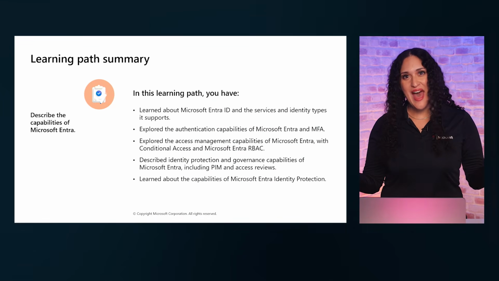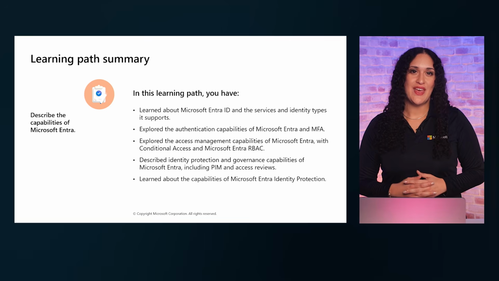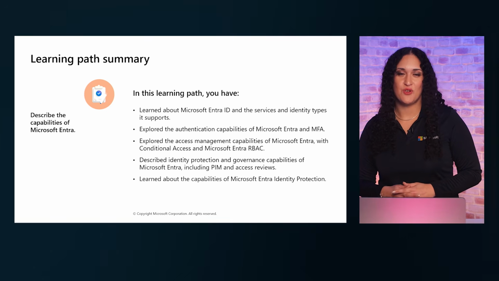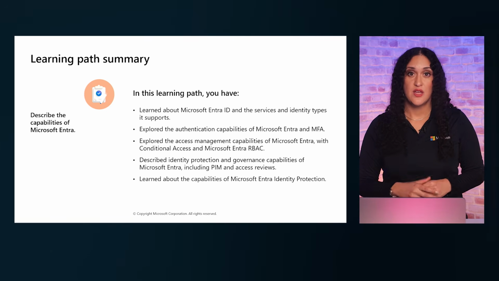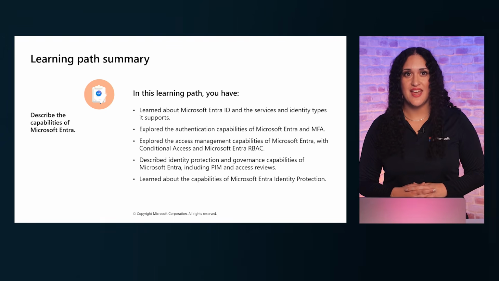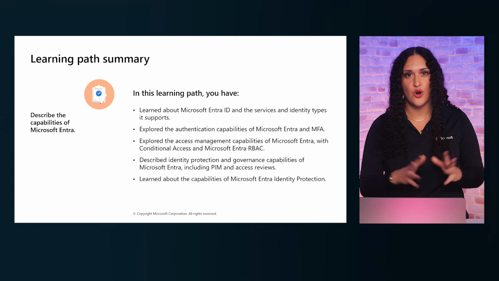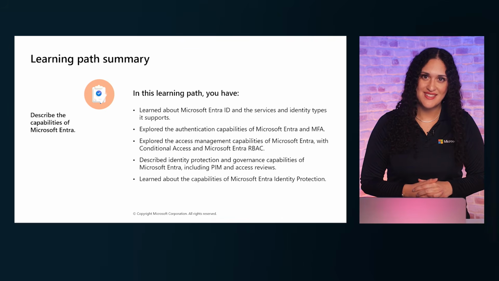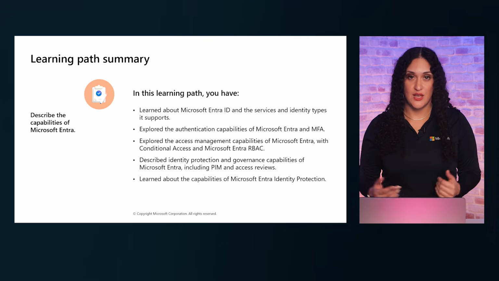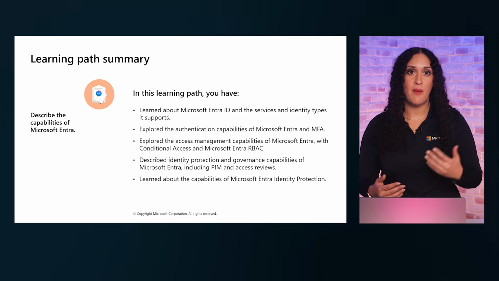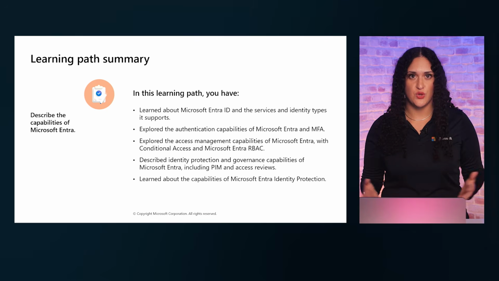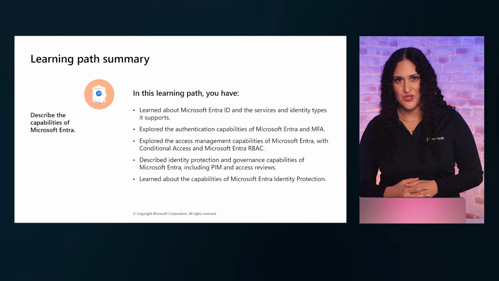Now let's do a quick recap. In this section, we have seen how Microsoft Entra ID provides a single identity system, supports different identity types, and enables hybrid identity across cloud and on-premises environments. We then walked through authentication capabilities, including modern and passwordless methods, multifactor authentication, and password protection.